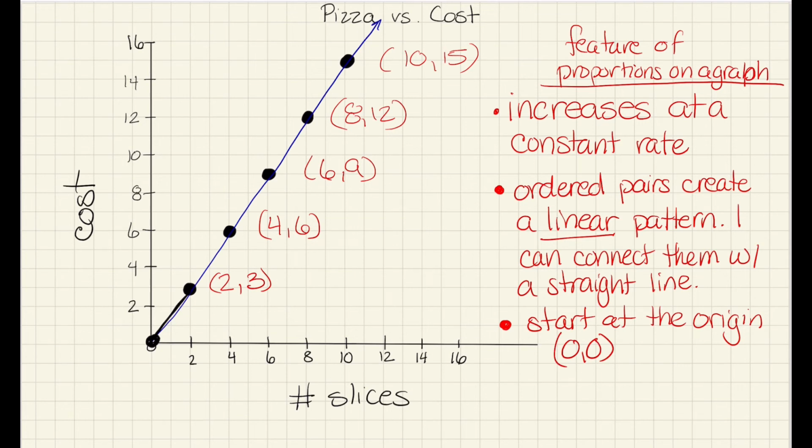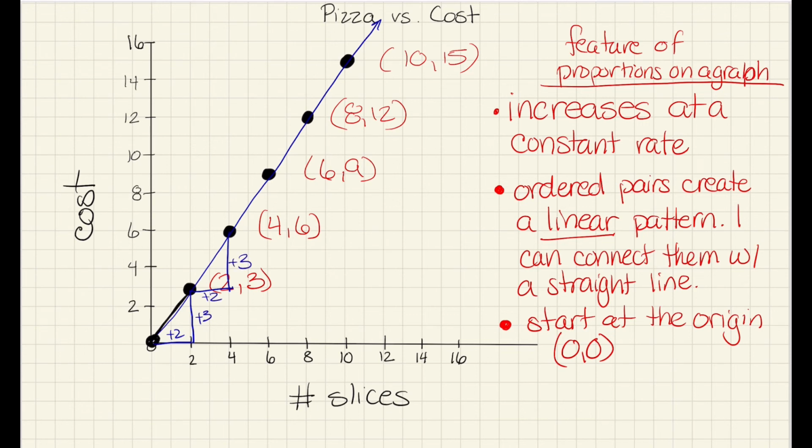So here we go. Here are all the things that are true. They increase at a constant rate. We actually see the constant rate. We saw that going over 2, up 3: buy 2 pizzas, the cost increases by 3. So we keep seeing this happen on the chart.